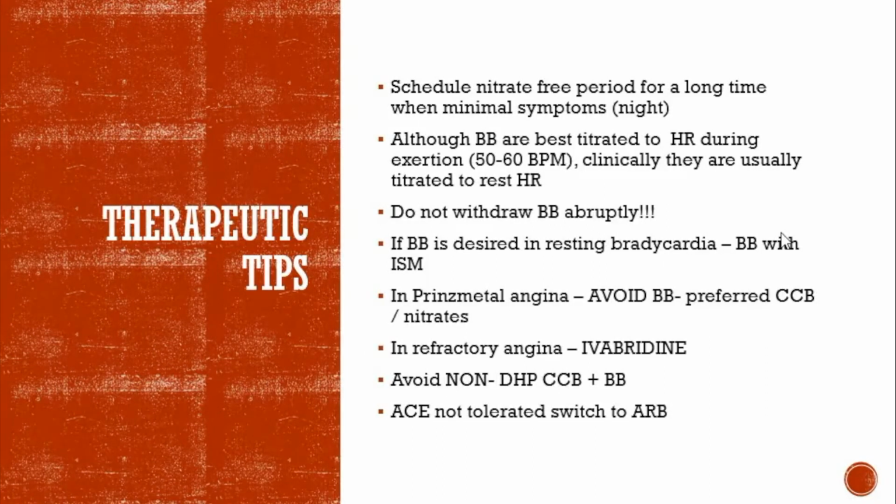The answer is what? No, we cannot. Why? The ARBs and ACE inhibitors have the same mechanism of action, and both classes of medication can affect the kidney function, right? So we cannot switch ACE to ARB in that condition. Only two conditions where we can switch the ACE to ARB are cough or angioedema. Okay, do not forget that.